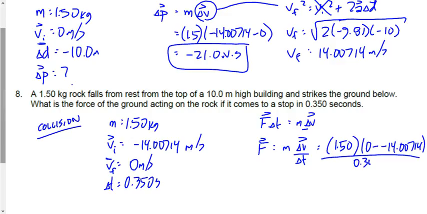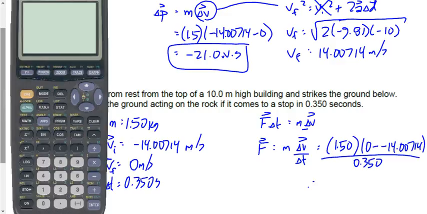I'm going to pull the calculator for this one as well, make sure we can all do it. Let's say 1.5 times bracket 0 minus negative 14.00714, and divide that by 0.35. We get an answer that's positive 60.